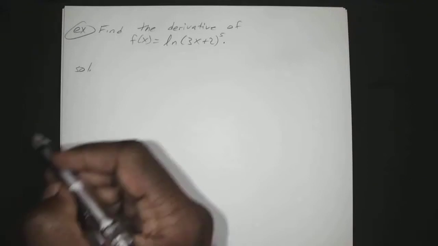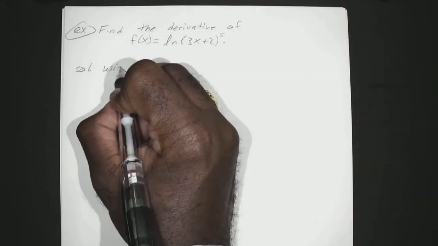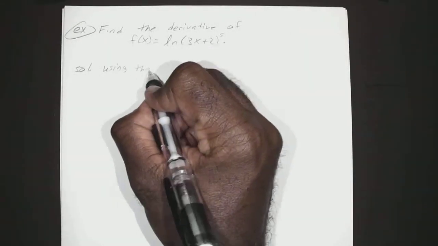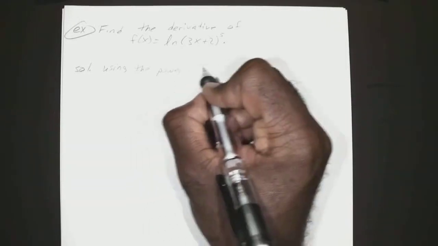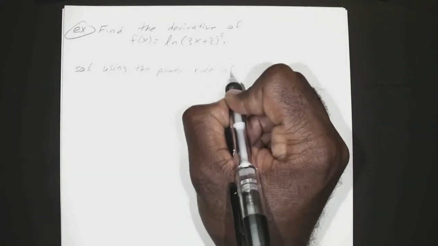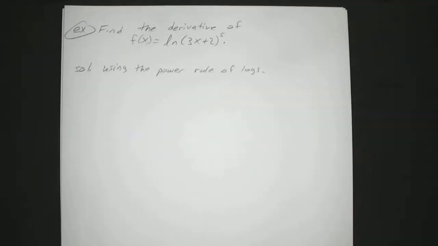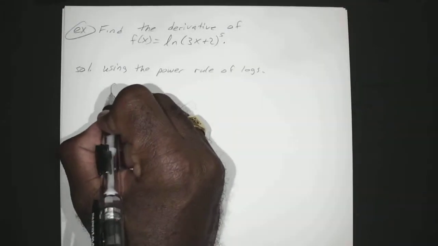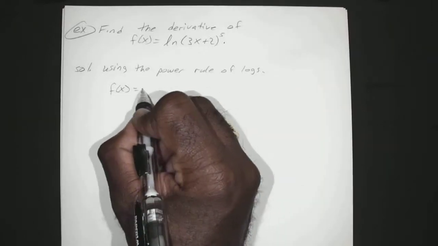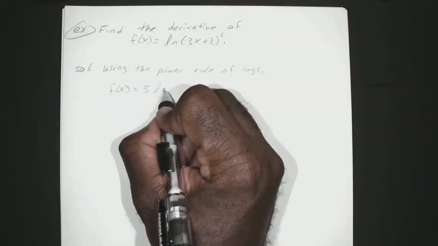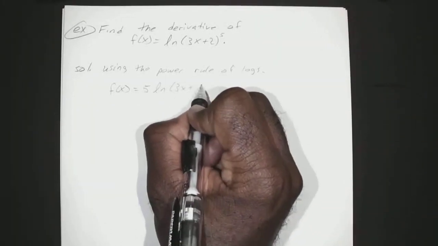Okay. Now, using the power rule of logarithms, that 5 just comes down to the front. So that means that f of x is equal to 5 times the natural log of 3x plus 2.